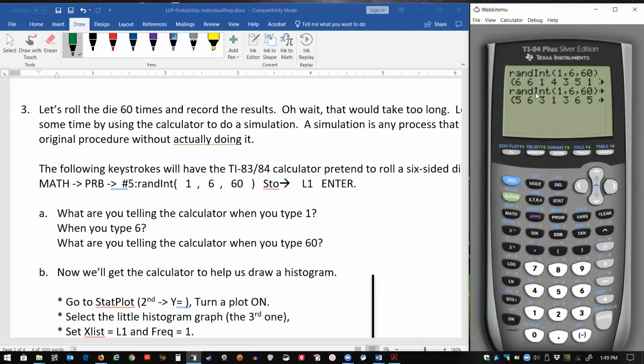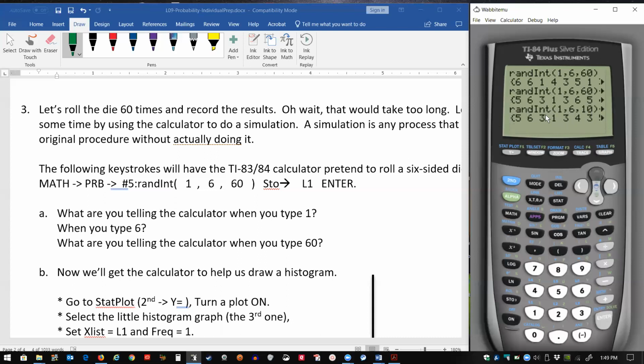Let's do a random integer again, but let's just do it with 10 trials. We store those in there, we graph them, and if you look, the number 2 didn't happen at all in my 10 trials. And so all these are a little bit crazier, right?